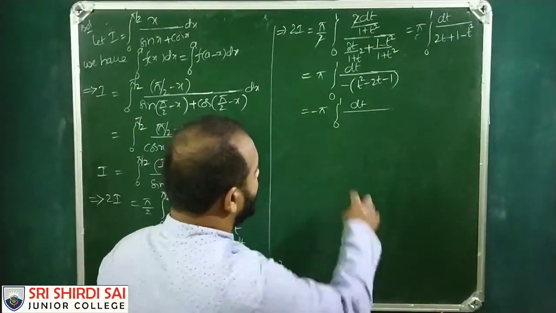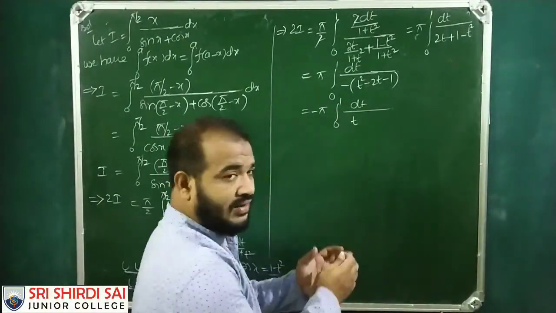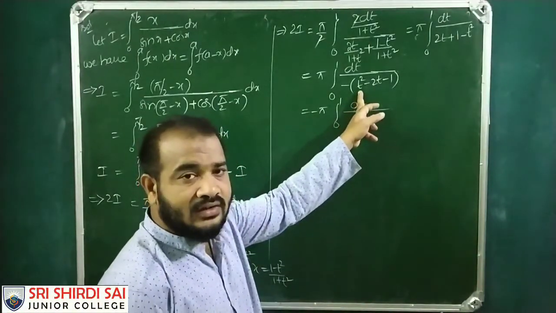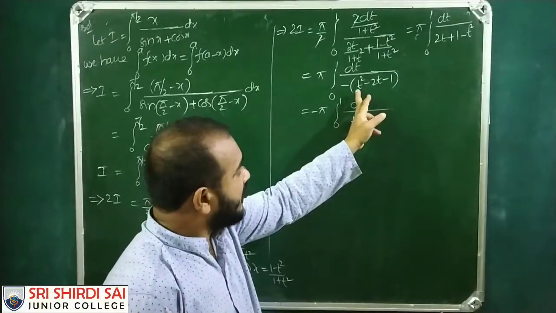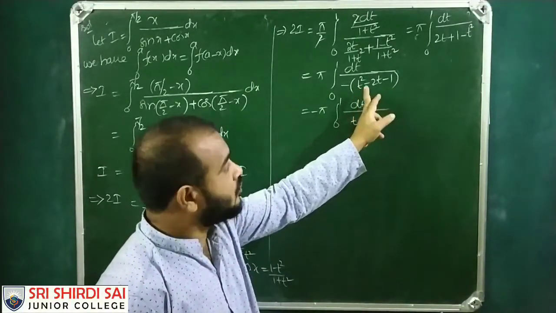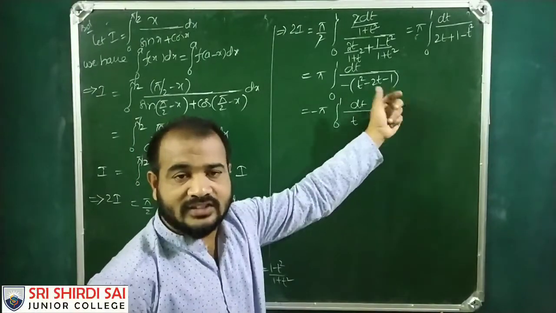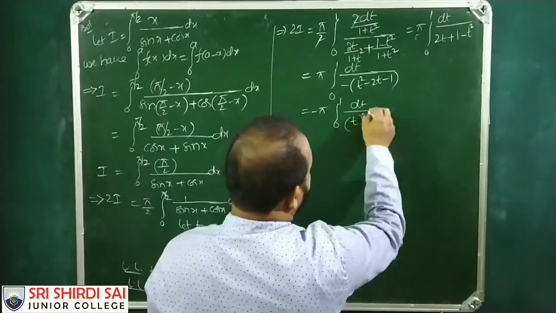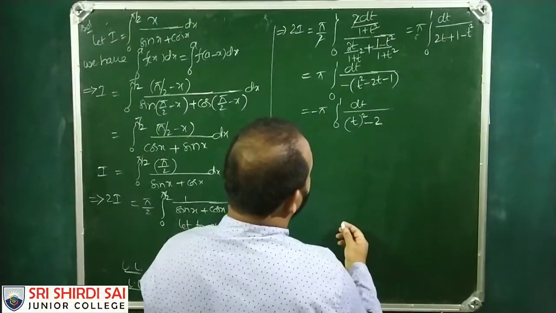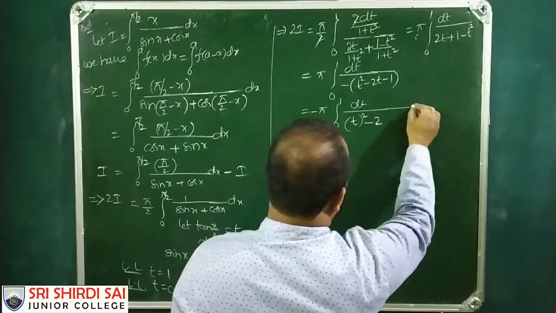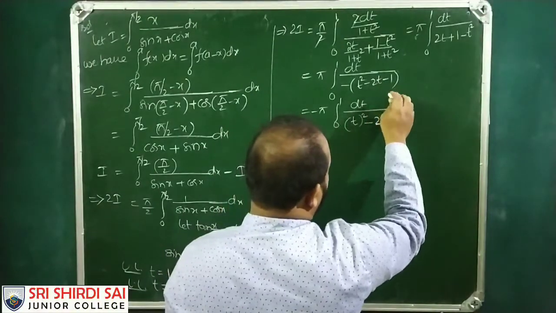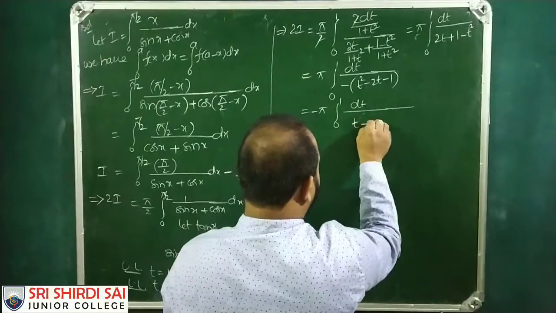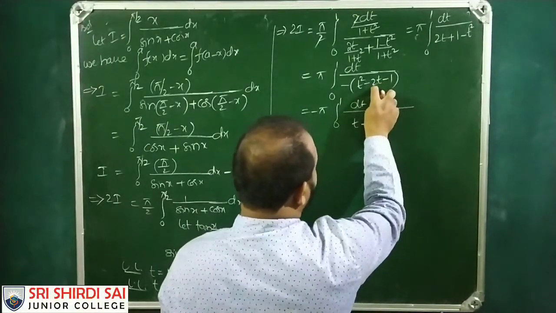So t square is t. I told you the shortcut as well. We have to convert this into x square minus 2ax plus a square, so (x minus a) whole square. Instead of that, t whole square minus 2t: t minus, the t coefficient is 2, half of it is 1.